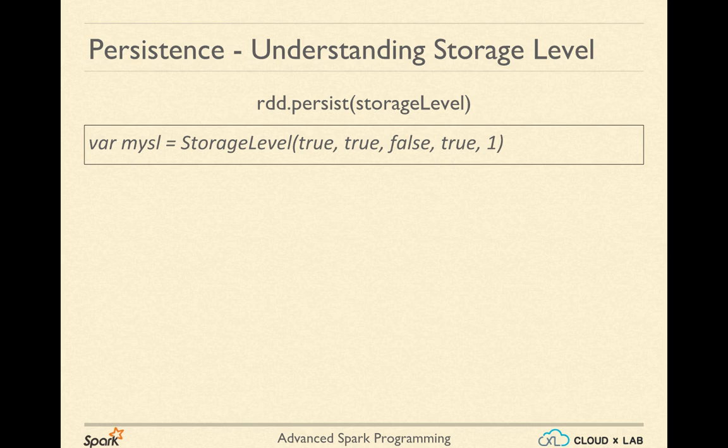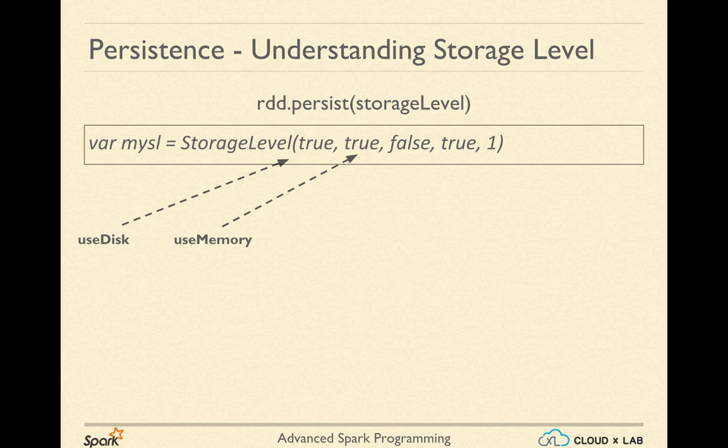You can create an instance of StorageLevel using the constructor as shown on the screen. The first argument is a boolean variable that specifies whether to use disk or not. Second argument represents if we want to use memory.